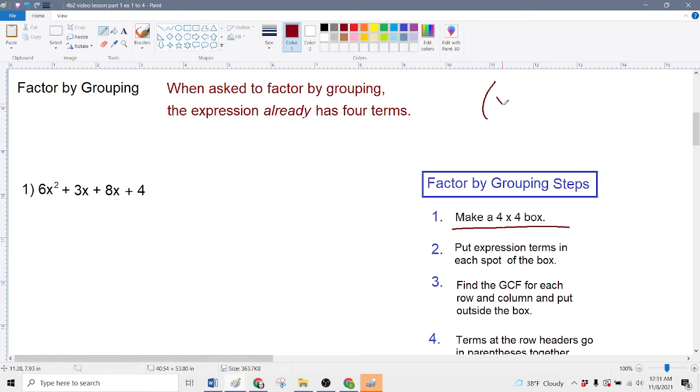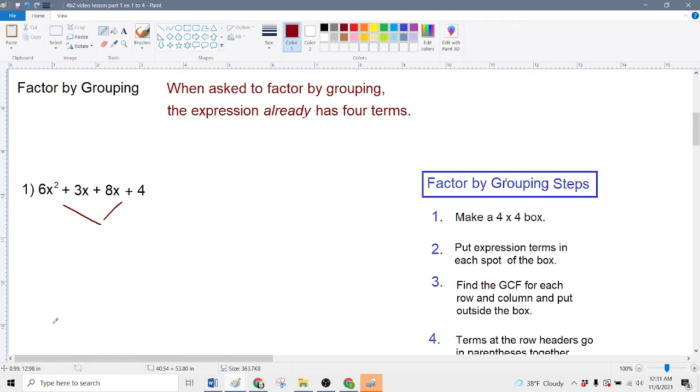Now, the answer will end up looking something like this, okay? Where it will look like a multiplication problem. So keep that in mind, that what we're doing here is we're going backward, right? We're going backward. So here we've got what looks like our answer.